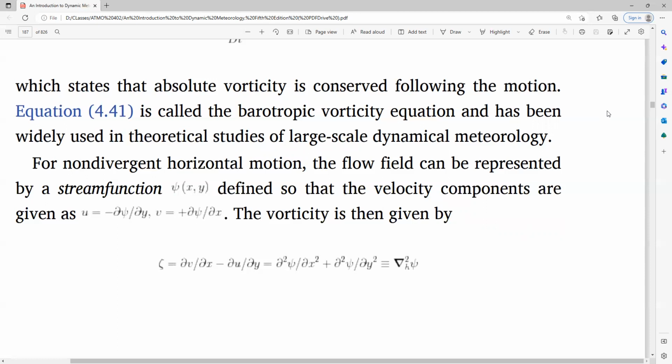So u is negative partial psi partial y, and v is partial psi partial x. So you plug this in, and the vorticity becomes the Laplacian of psi. So the vorticity in this case can be written as a function of the stream function. Okay. So this is a much simpler expression.